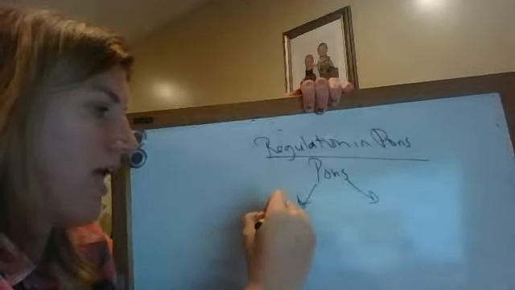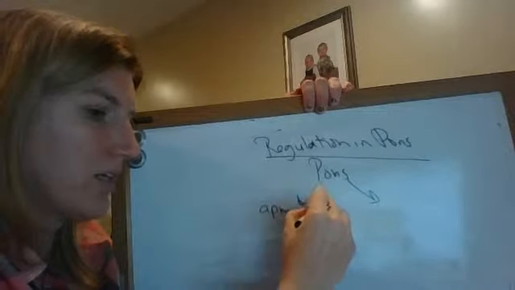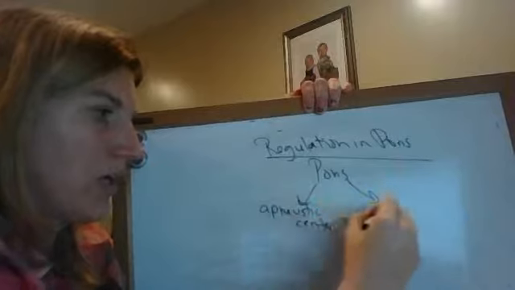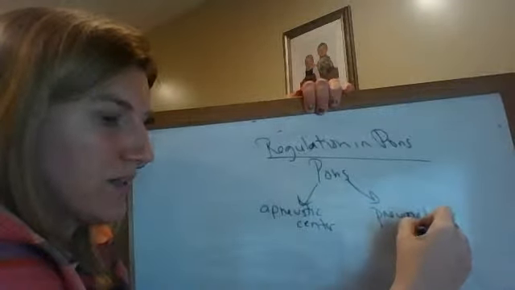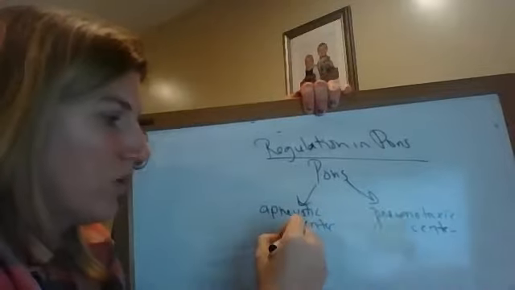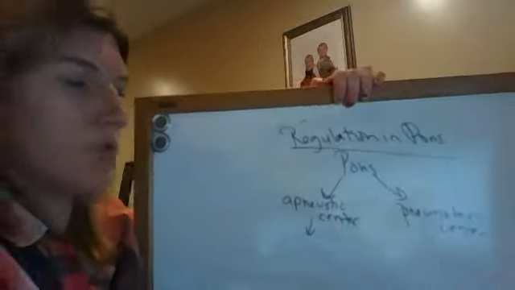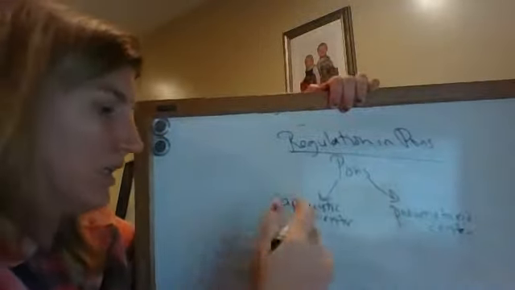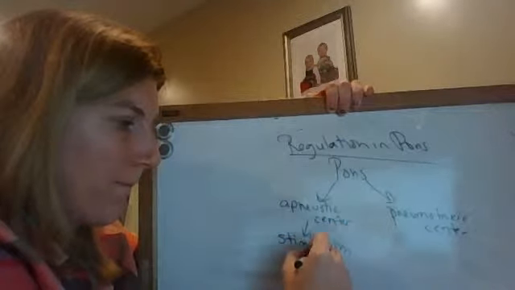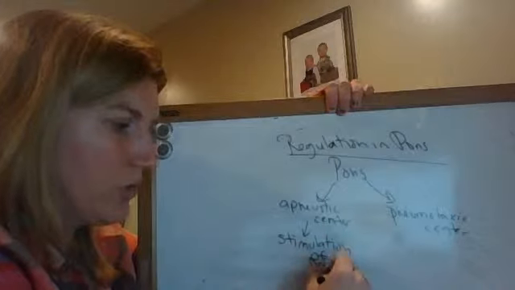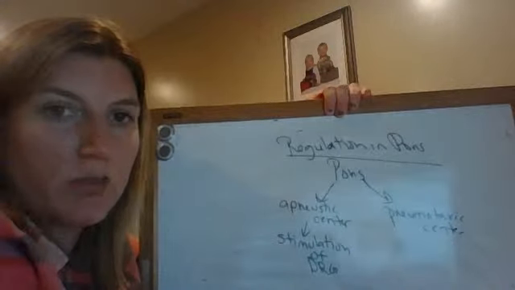One's called the apneustic center, and the other is the pneumotaxic center. This apneustic center is in charge of stimulating the DRG. That's what it's there for.